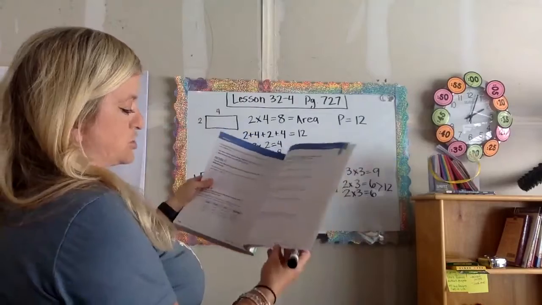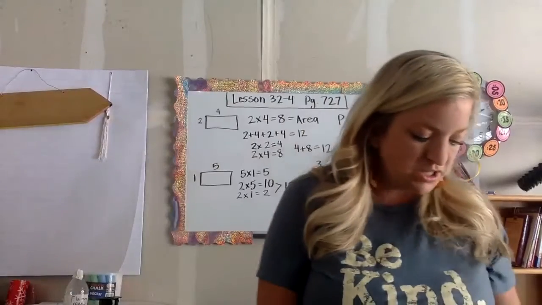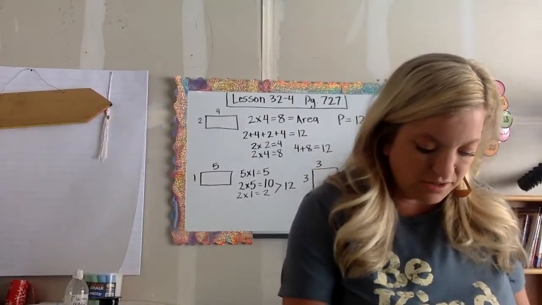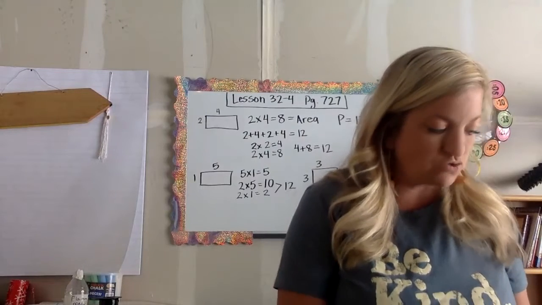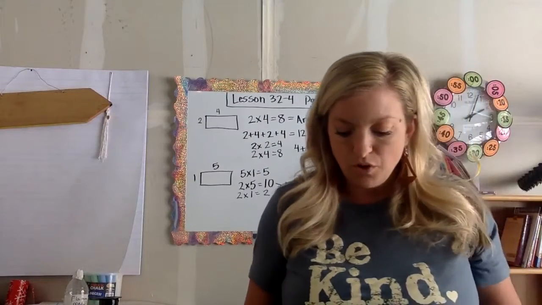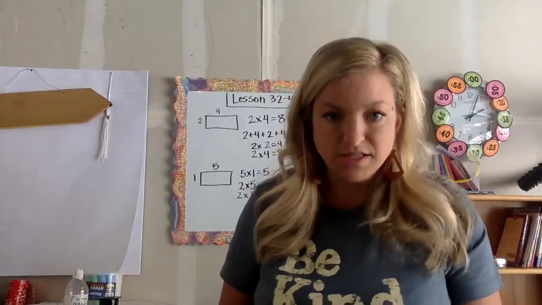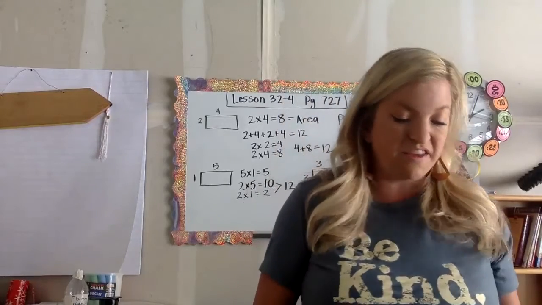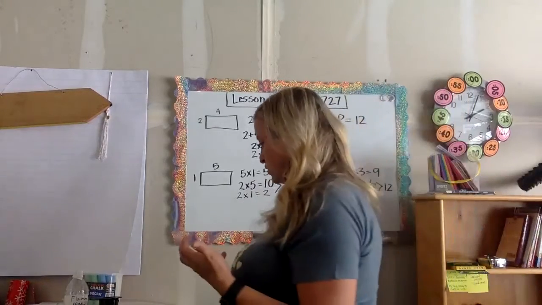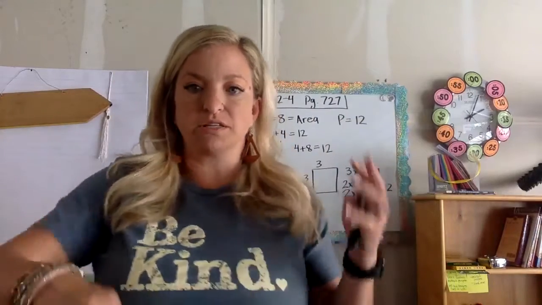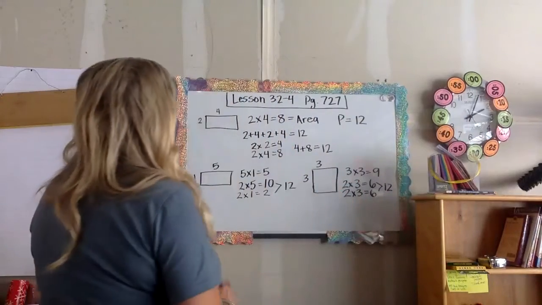Number 1 on page 729 says, look at the table and model it. What do you notice about the sum of the length and width of each rectangle? Well, this was something that I had pointed out already, but the sum of the length and the width of each rectangle equals 6. So your answer for number 1 is that the sum is always 6.